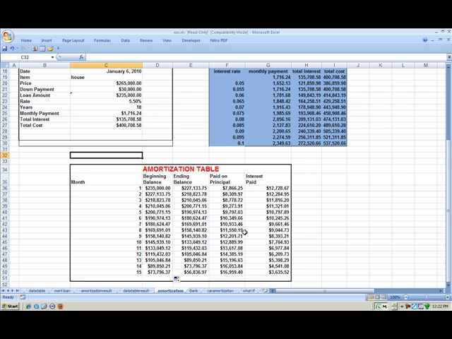And we see how much we have paid on interest and how much we have paid on principal. And as we said, the amount of principal continues to go up, and the amount of interest continues to go down. And you'll see at the end it should match exactly what we did at the beginning of the module.